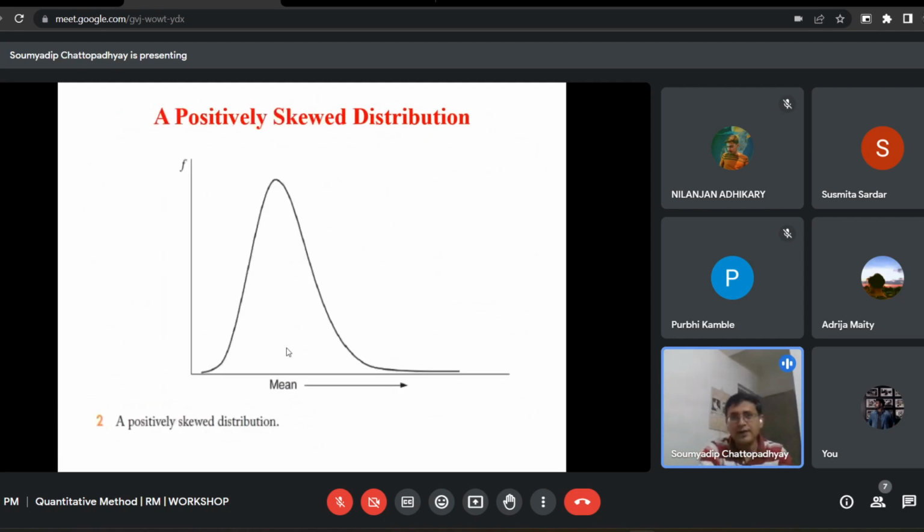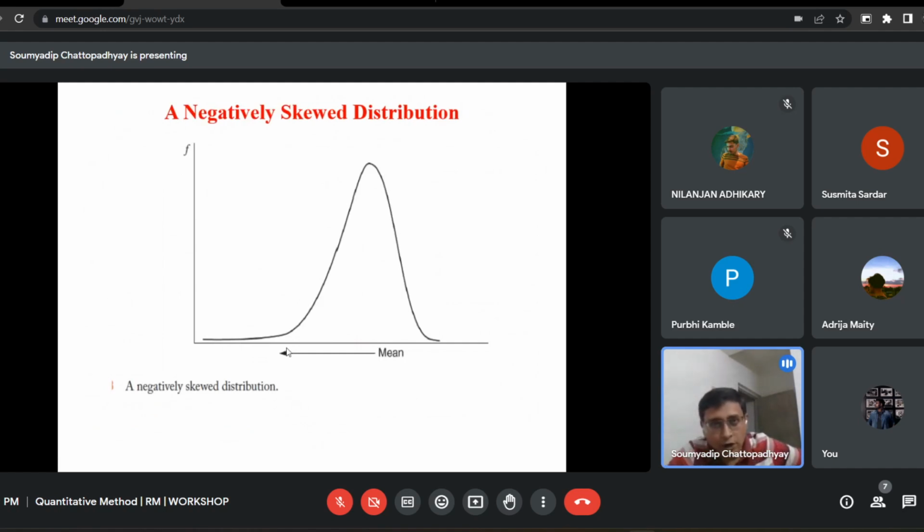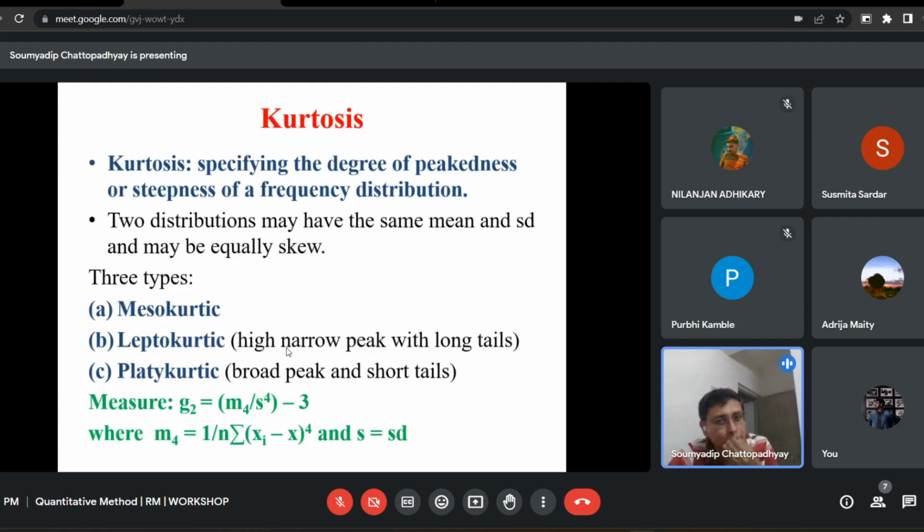This is the figure of a positively skewed distribution, where there is a tendency of higher values toward the higher end of observation, and this is the distribution of a negatively skewed distribution.